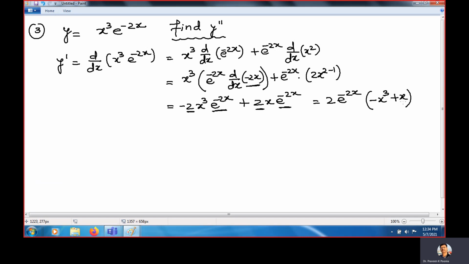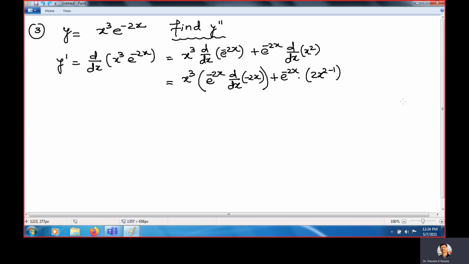There is some problem we have done. There is some error, we made a mistake here. What mistake? It is not x power 2, it is x power 3. We solved the question with x power 2; it is 3x power 2. So x power 3, and what will we get?